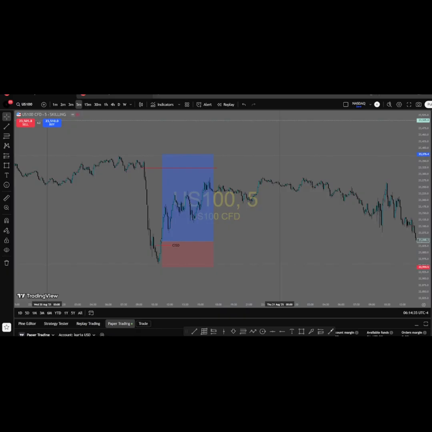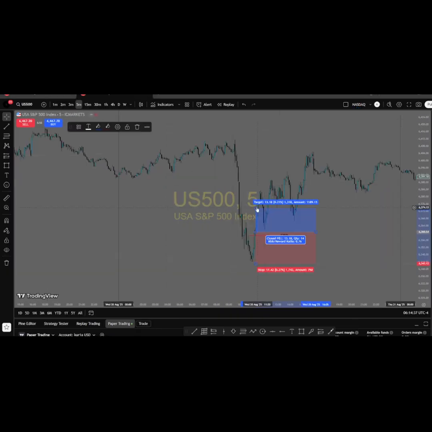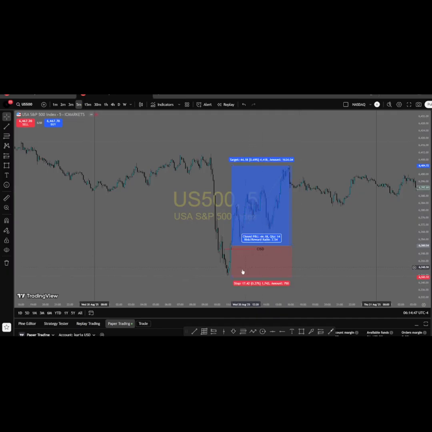If I had taken the trade on US100, we did touch the order block. You see, this was the order block right here. If I had taken this trade on US500, it would have reached full take profit. So we are done with that Wednesday trade breakdown.